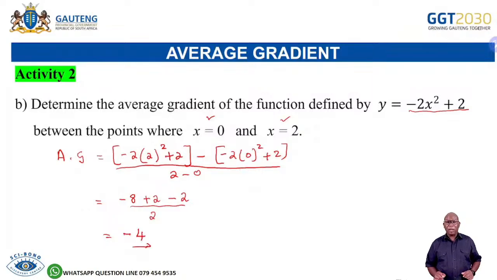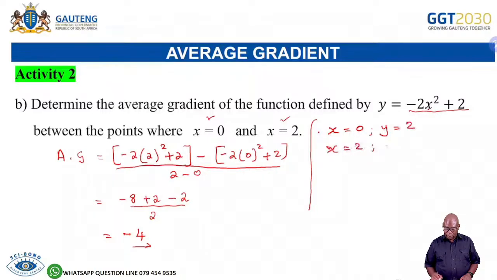So that is the average gradient of that, and these are exam questions, we get them in the exam, but I know some of you will prefer to do it this way. First, I've got x equals 0. If I substitute this by 0, I'll get a 2. So my y will be a 2. The other one, if I substitute by 2, my answer there is going to be a -6.